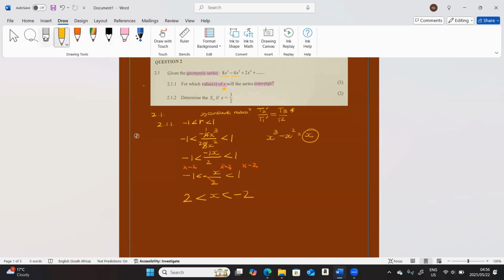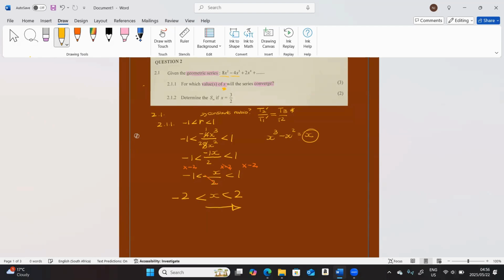So that is incorrect, guys. You have to say, listen, my smaller number is negative 2. One times negative 2 is negative 2, so we have to write our negative 2 over there. And positive 2 is our greater number, so we have to write that over there. And then that is the correct answer.